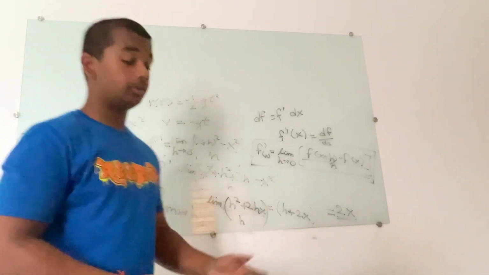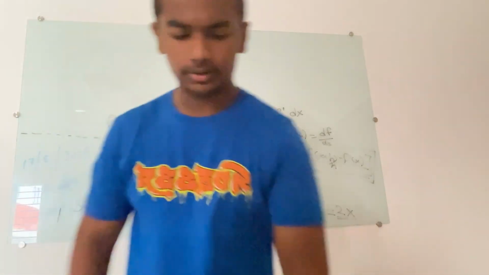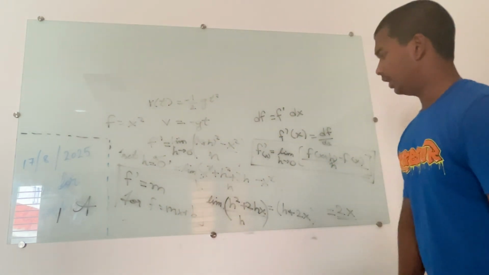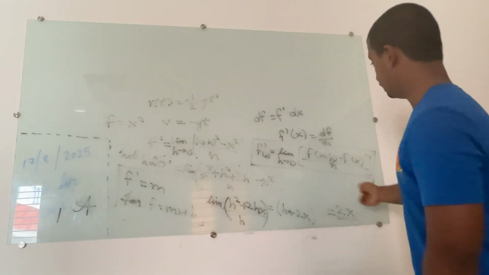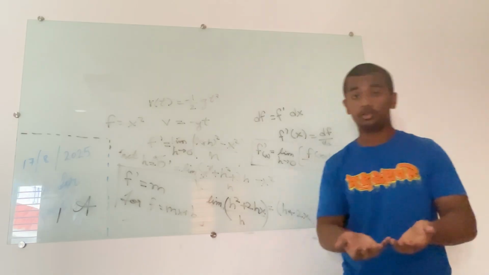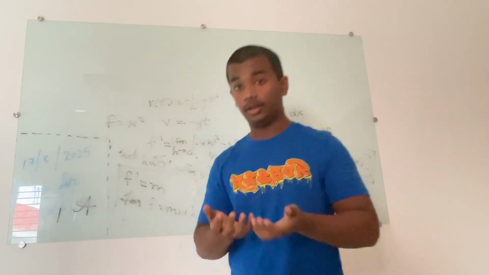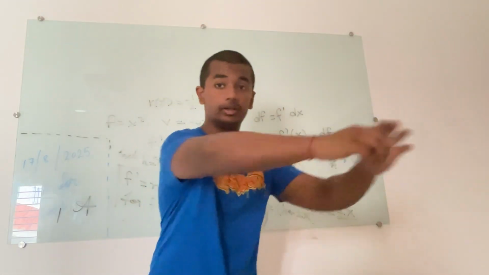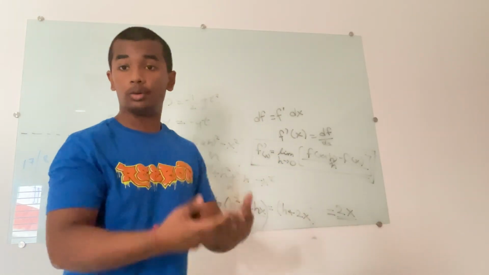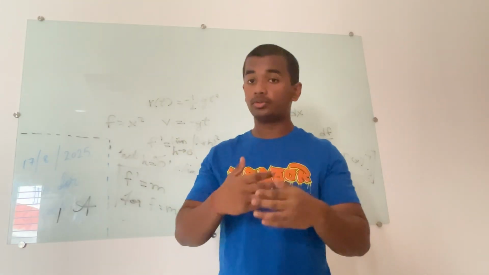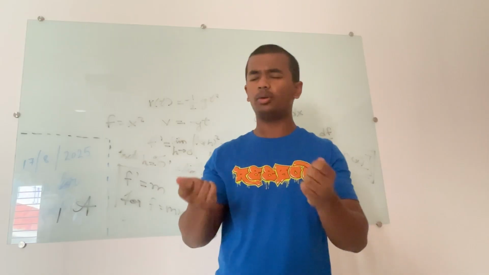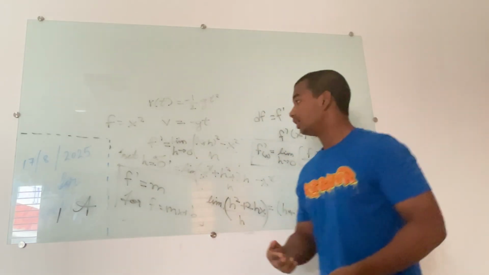So the upshot of everything we've done today is that functions are objects which take real numbers to real numbers. There are rules to associate numbers.